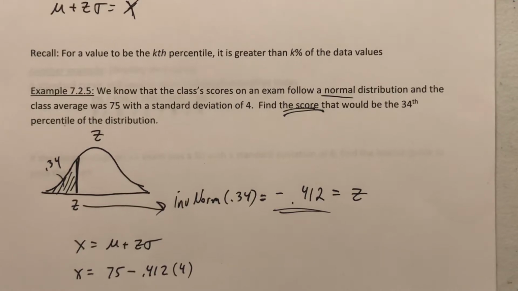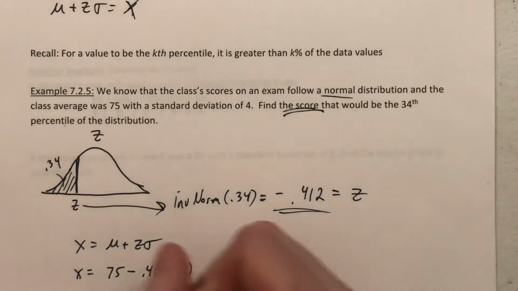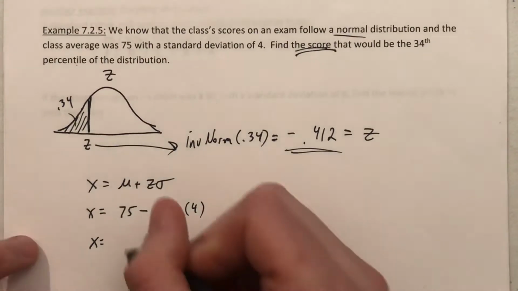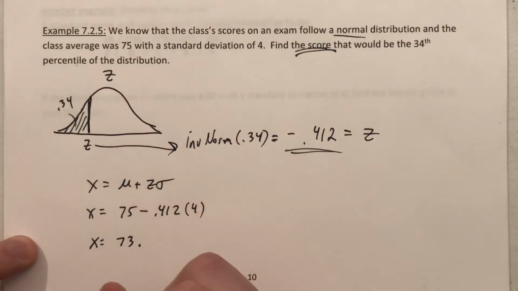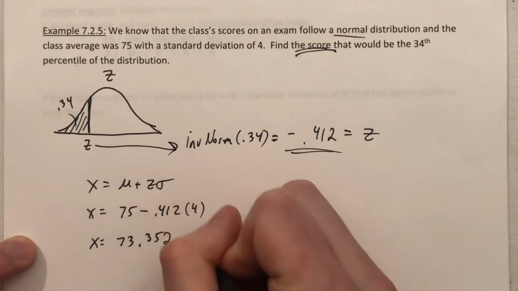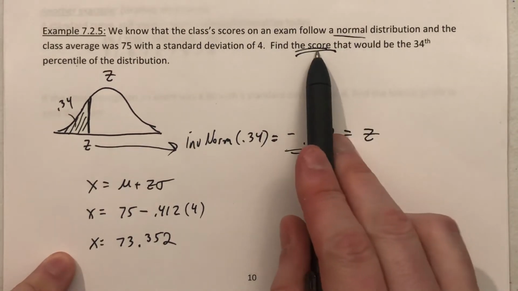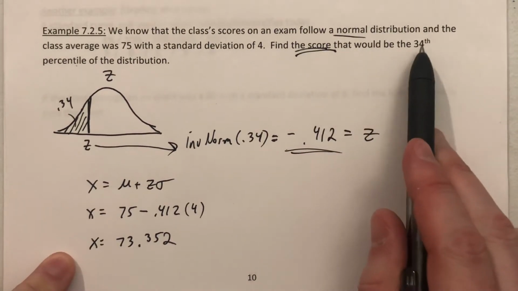So we will see what that comes out to be. So I'm getting x equals 73.352. And so that value would be the score that would fit the 34th percentile.